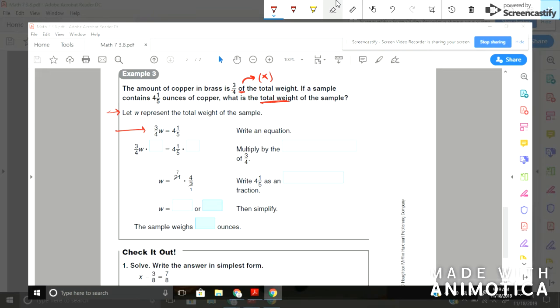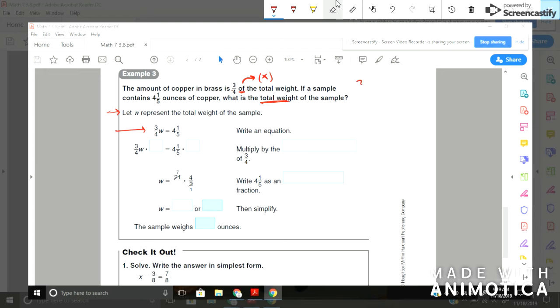So what we're going to do is ask ourselves, what is being done to W and how do I undo that? Well, W is being multiplied by 3/4. So to undo multiplying by 3/4, we would divide by 3/4 on both sides.